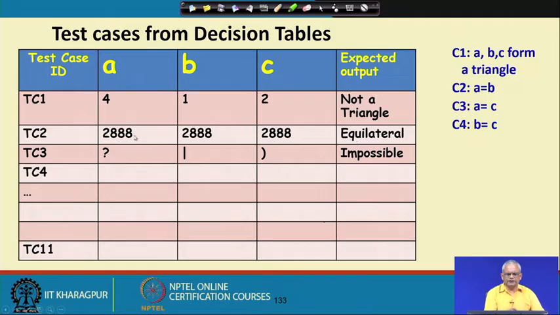Similarly, if it is a triangle and also a equal to b, b equal to c, c equal to a, then we write some specific values which satisfy that condition, and the expected output is equilateral. Each of these is a test case. We give the test case number, the test case ID, and that is how we design the decision table based test cases.